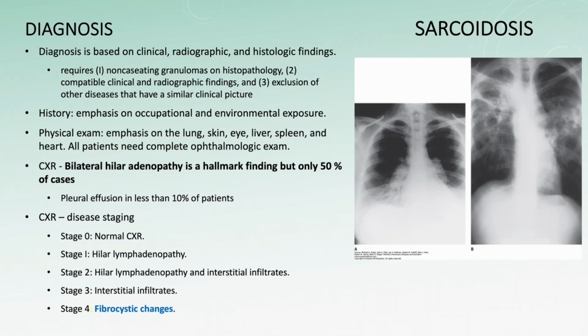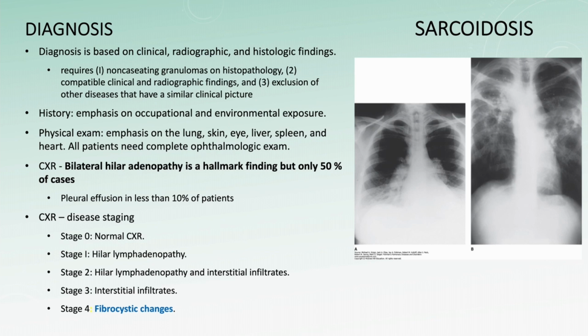How do we diagnose sarcoidosis? Well, we combine the clinical picture plus radiographic information and histologic findings. So, one, non-caseating granulomas on histopathology. Then we combine the way that it looks on CT or X-ray, and we can exclude other diseases that have the same picture.